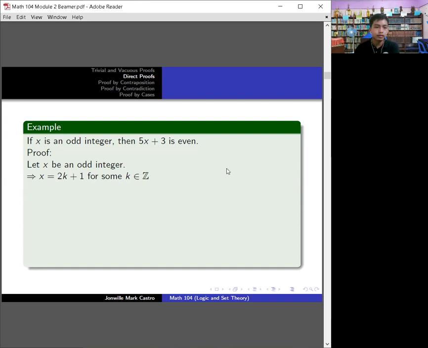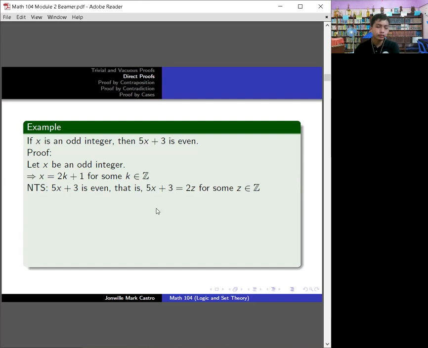So ang need to show natin, kailangan natin ipakita na si 5x plus 3 is even. That is, 5x plus 3 is equal to 2z for some z in Z. So even siya dapat. So dapat si 5x plus 3, maisulat natin siya sa form ng 2 times some integer.